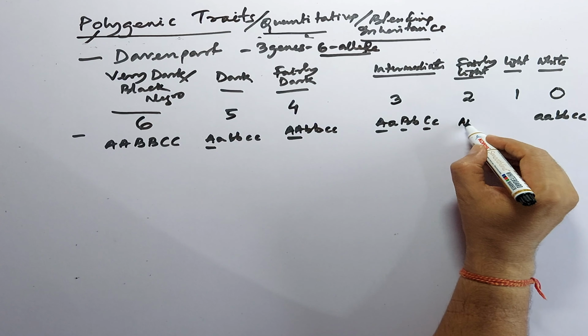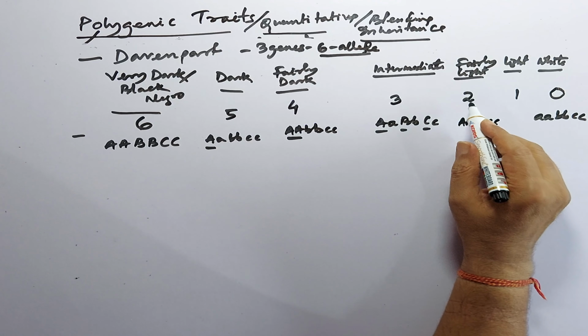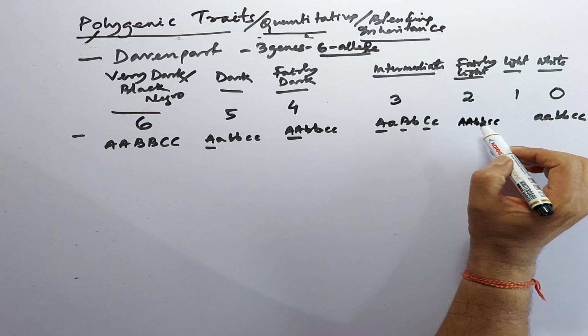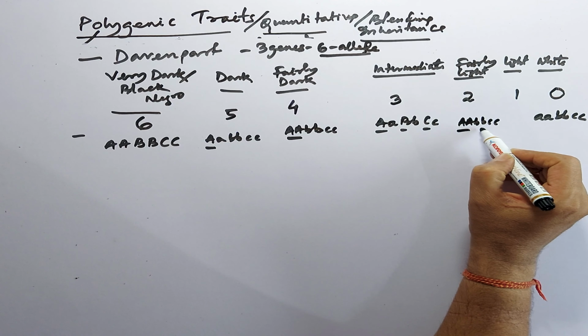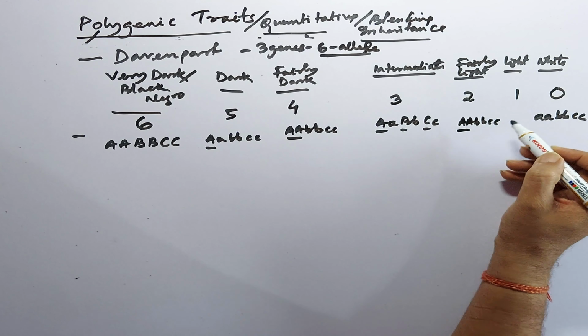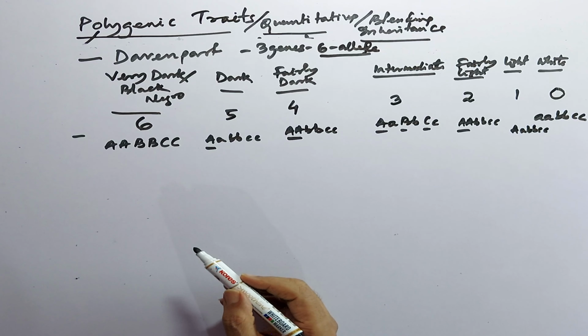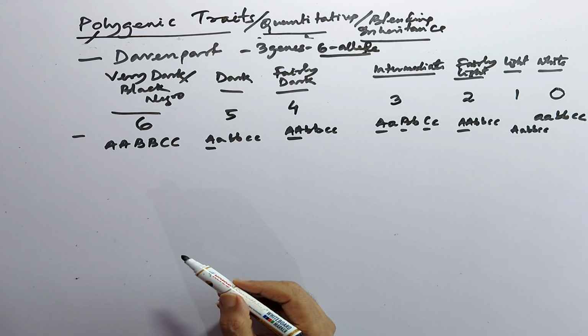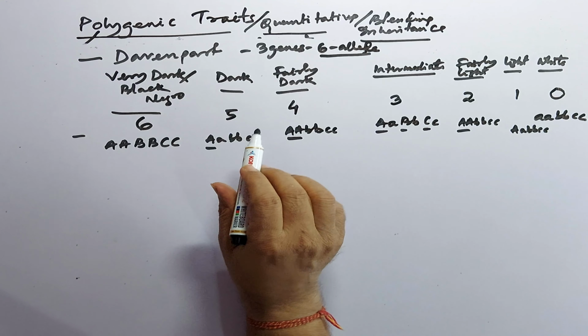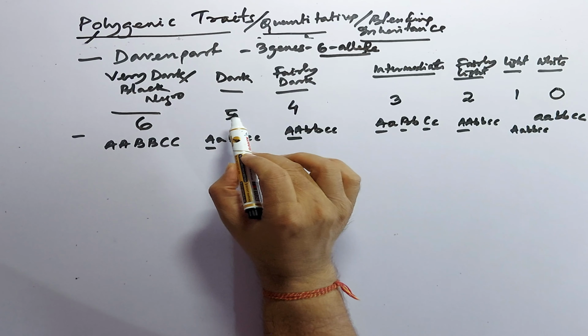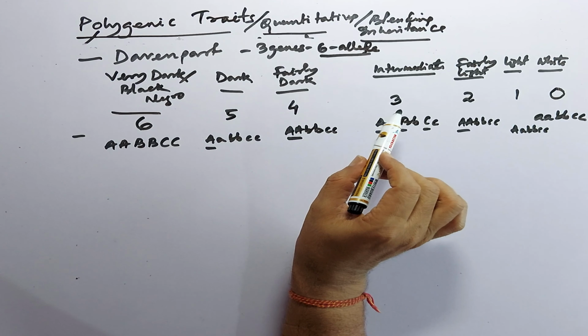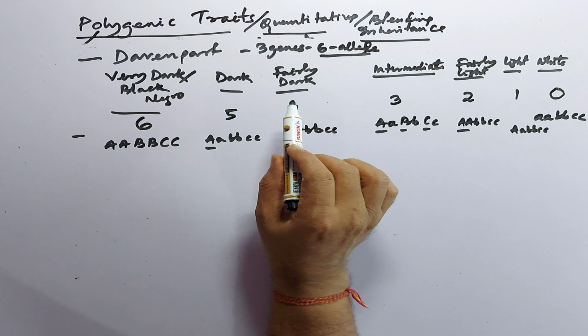Any 2 capital is fairly light, and any one is light. So any one you can make B also, C also. In this way you can make the genotype of the human being and determine the characters. So this confirms that the body color of the human being is controlled by these polygenic traits.